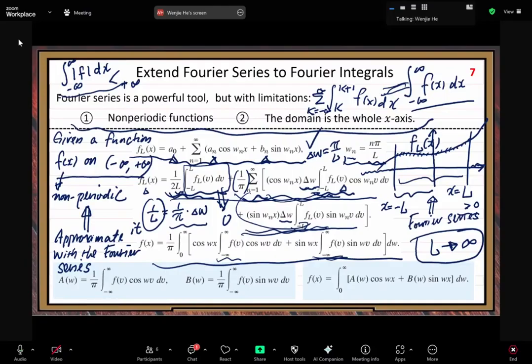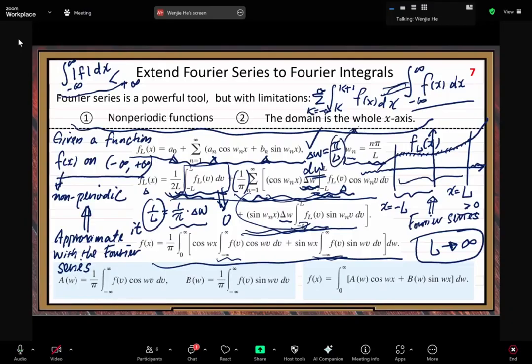So when we do that, this delta w becomes dw, right? Because when you make L go to infinity, that delta w, pi over L, becomes smaller and smaller.